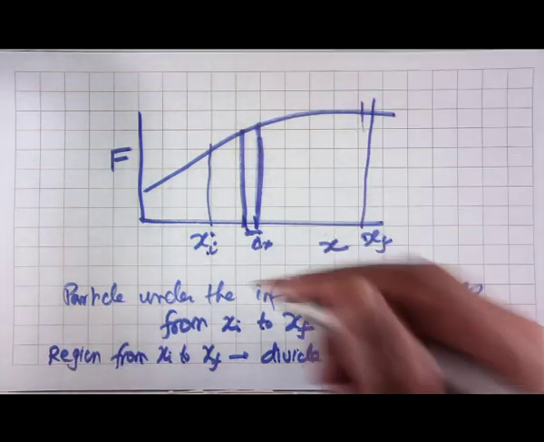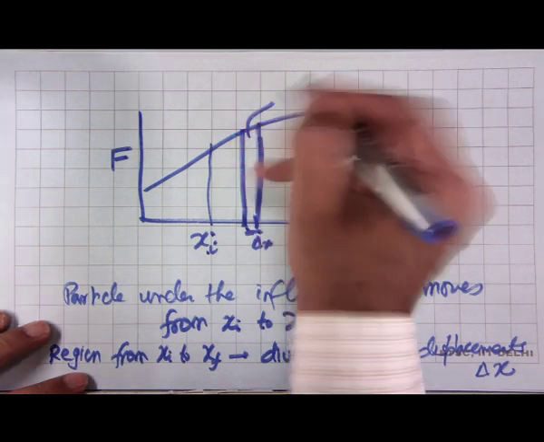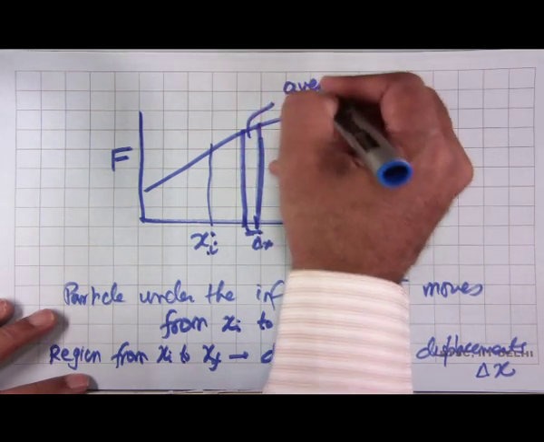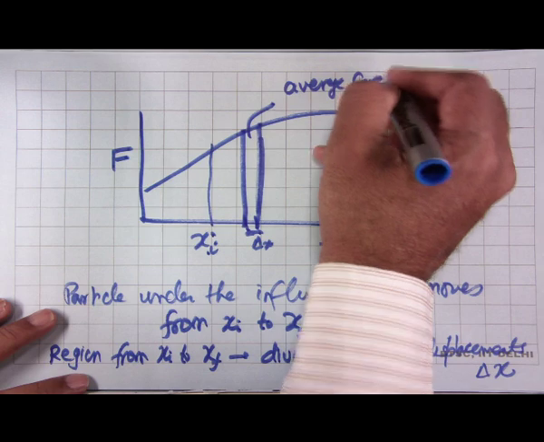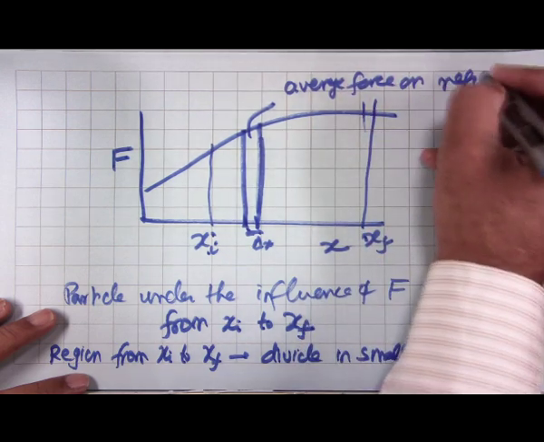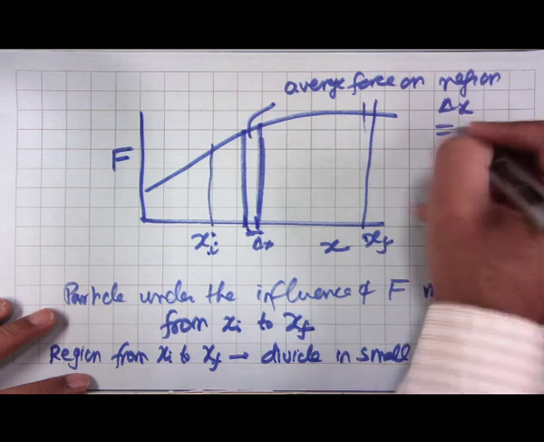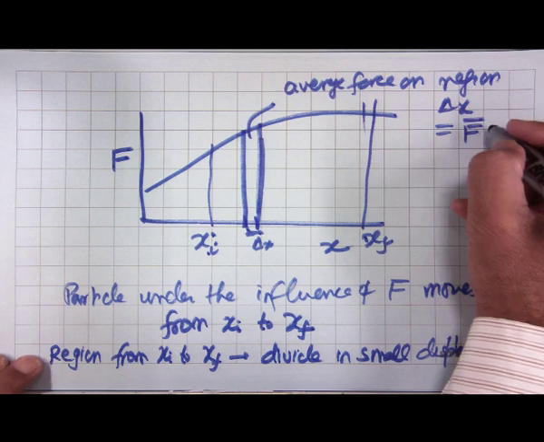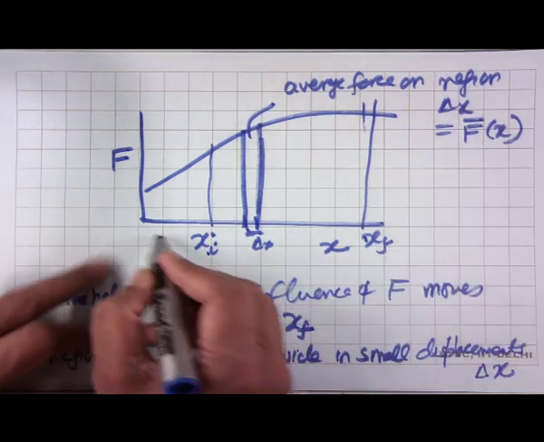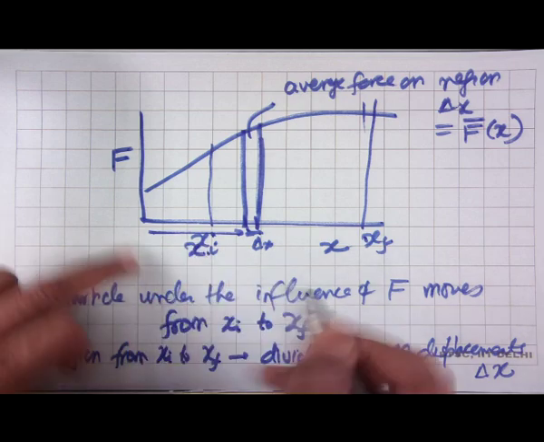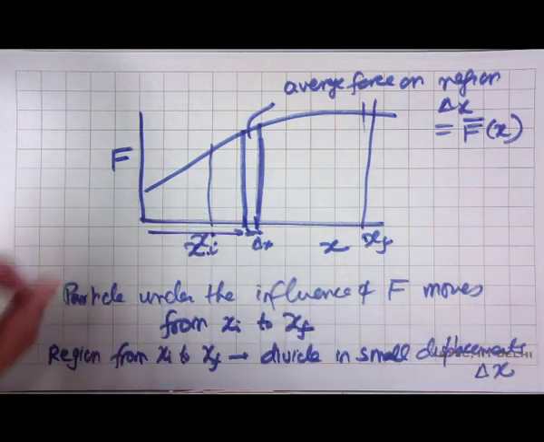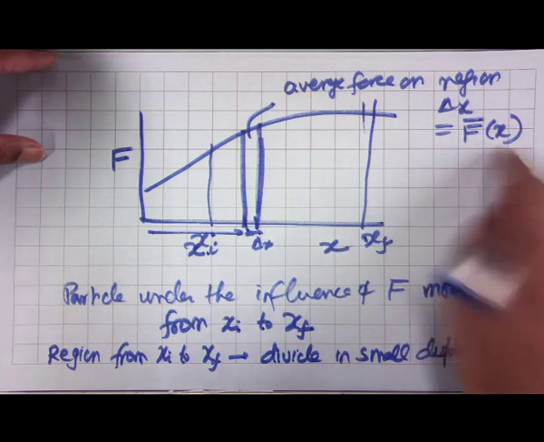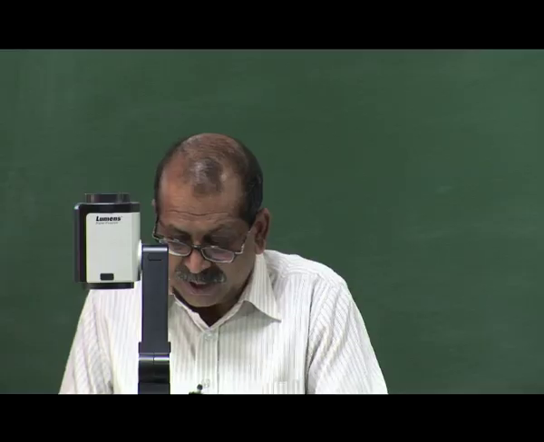So, I choose a small displacement delta x, and over this region let the average force on the region delta x be equal to f bar of x. So, this is we are at some distance x away, and there we look at a small displacement delta x, let the average force be f bar of x.